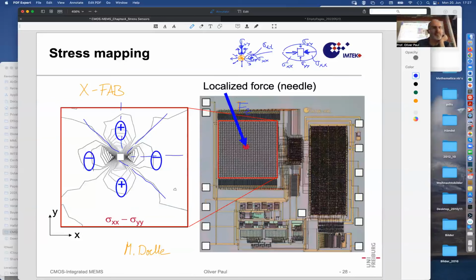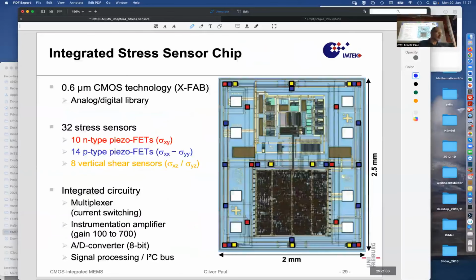And so this stress map was constructed from the output voltages of these 32 by 32 stress sensors. So you can do stress mapping. That's what the demonstration was. And stress mapping doesn't necessarily need such dense arrays.